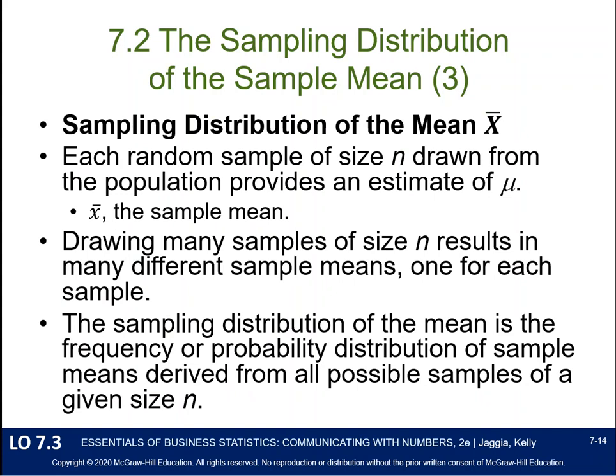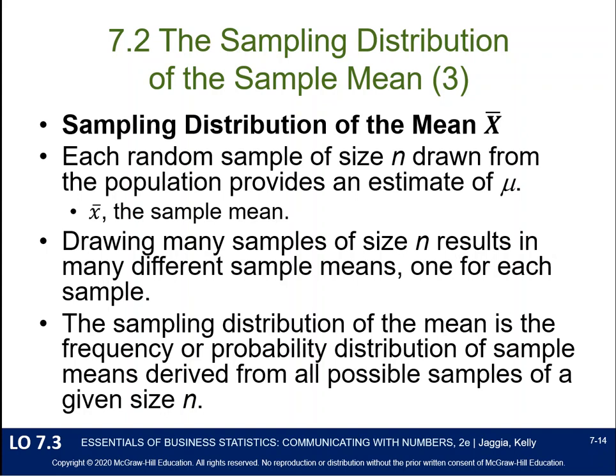So again, every time we draw a sample, we have a new mean. We have a new X bar, a new sample mean, and then all of those sample means together we'll use to estimate what mu is, the mean of the actual population. Now, what we call the sampling distribution of the mean means that if we were to graph all of the sample means, that would give us that sampling distribution of the mean.